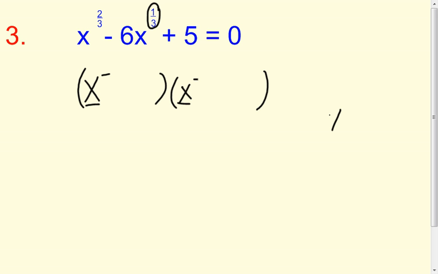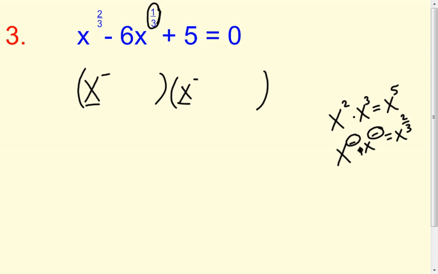So I want you to think about this. If I'm multiplying, this is just a side note, x squared times x to the third, I would add those two exponents and get x to the 5th. Okay? Now I'm needing to find two things that when I take x to the something times x to the something, I need to add this exponent and this exponent and get x to the 2/3.